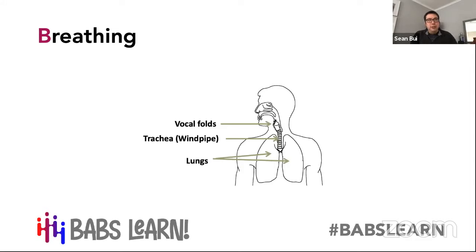When we're considering this, we should also consider why this breathing happens. Breathing happens because of the pressure difference in your lungs in comparison to the outside world. And so, if you have a high pressure in your lungs, and a lower pressure outside your lungs, the pressure receptors in your lungs communicate that to your brain, and basically you open your vocal folds and the air rushes out to the outside world.